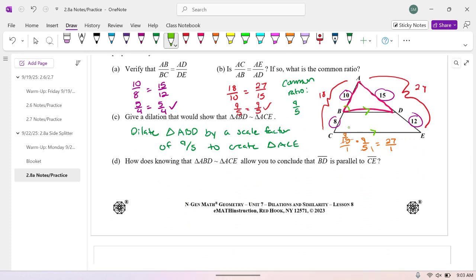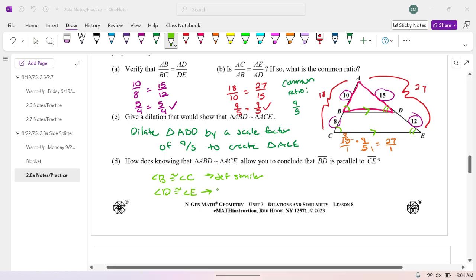Because if B and C are congruent because the two triangles are similar, and D and E are congruent because the two triangles are similar, so B is congruent to angle C because that's just the definition of similar. And angle D is congruent to angle E, definition of similar.